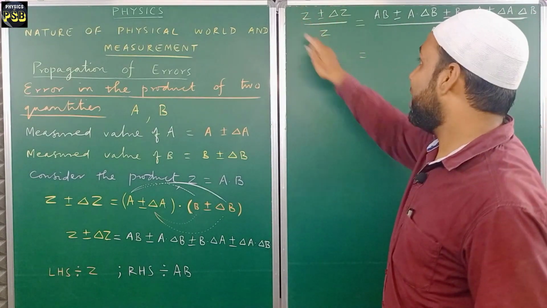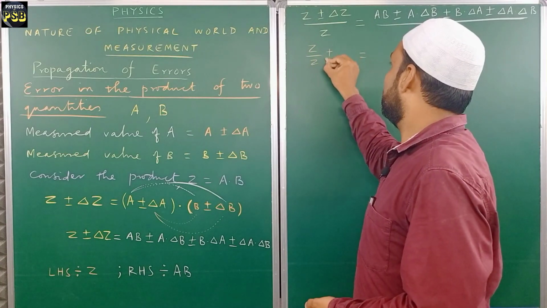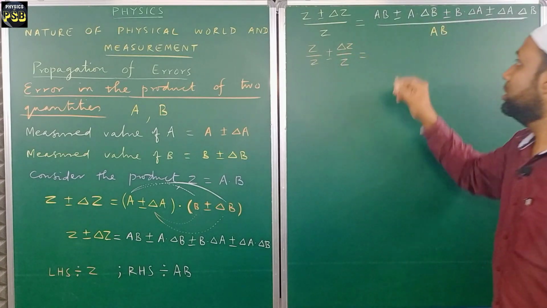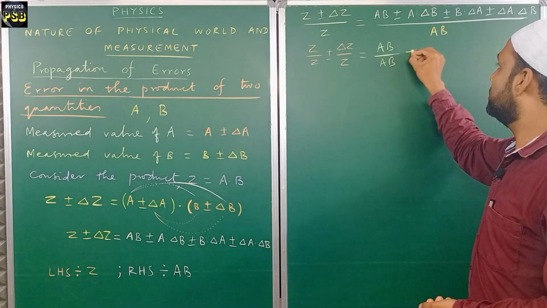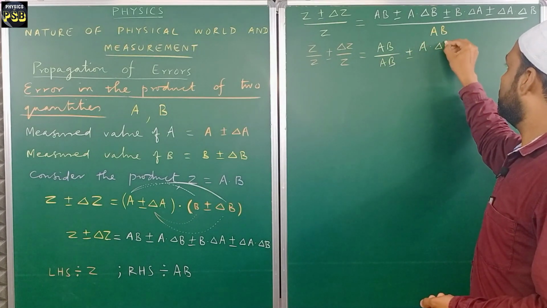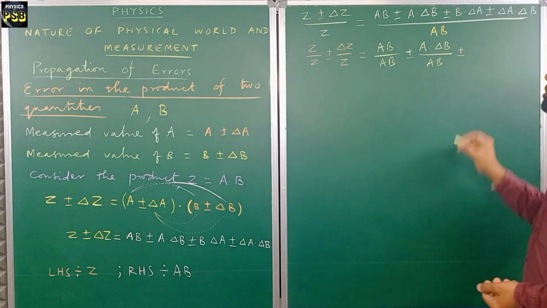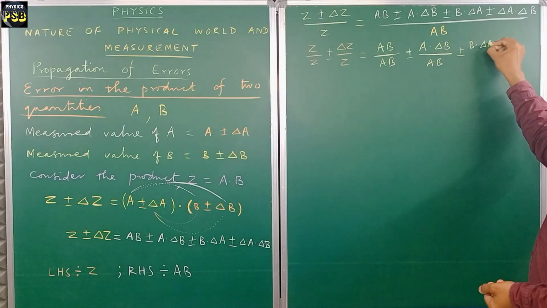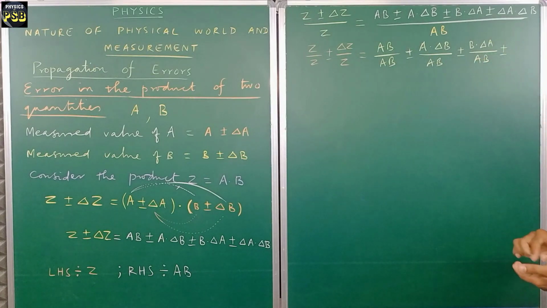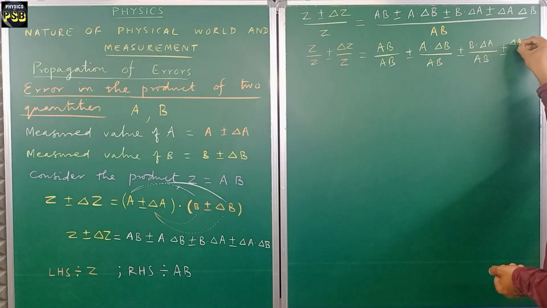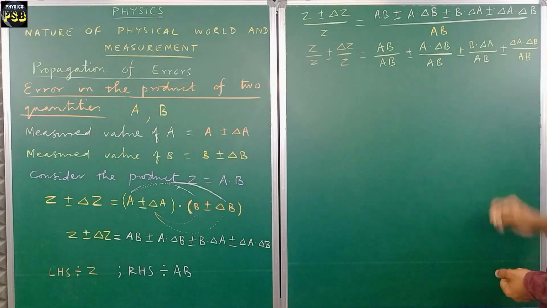Now I'm going to expand this. See how I expand it. On expansion, Z divided by Z plus or minus delta Z upon Z, this side, AB divided by AB plus or minus A dot delta B divided by AB plus or minus B delta A divided by AB plus or minus delta A dot delta B divided by AB.